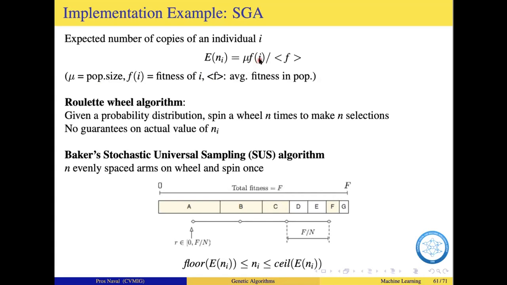Then f of i is the fitness of that individual, and f bar, the average fitness of the population, is this denominator. In the roulette wheel algorithm, we are given a probability distribution. Then we spin a wheel n times to make n selections. And with this, there are no guarantees on the actual value of n sub i.